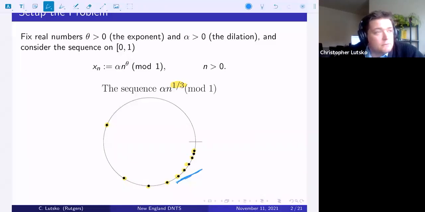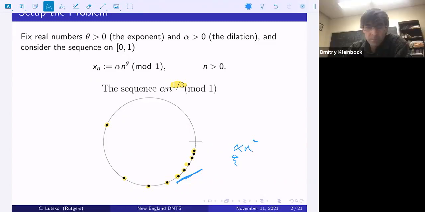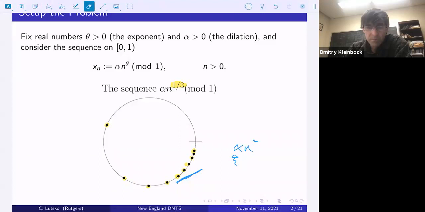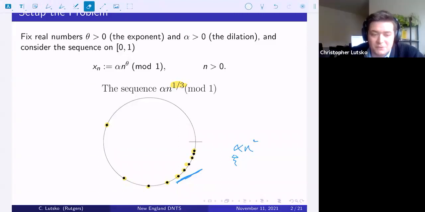For example, Rudnick and Sarnak, if you look at alpha n squared, give Diophantine conditions on alpha for which this doesn't have Poissonian pair correlation. So it depends on the exponent. We see that, for instance, with n to the 1/2, the most basic Diophantine condition is whether or not you're rational. I think that certainly comes into play, but our methods are too crude to detect any Diophantine structure.